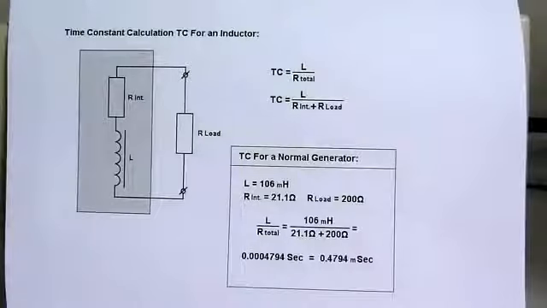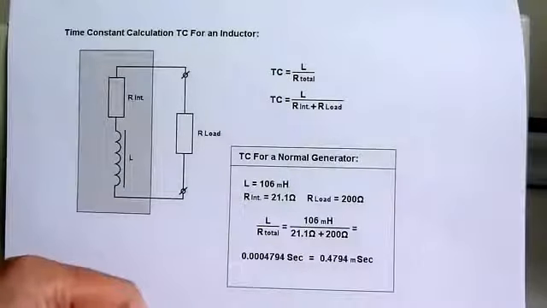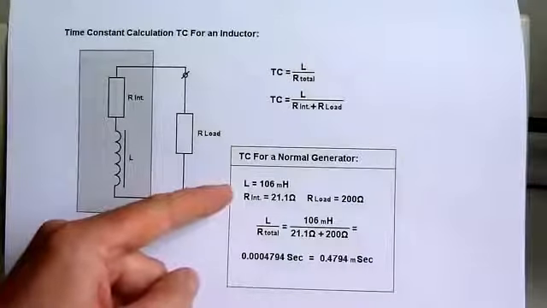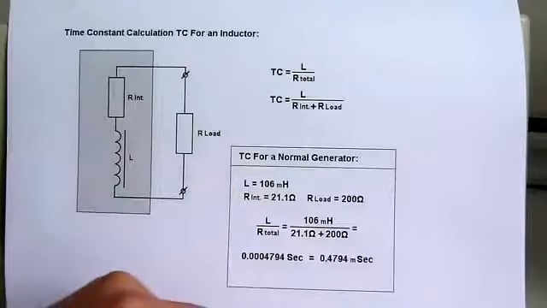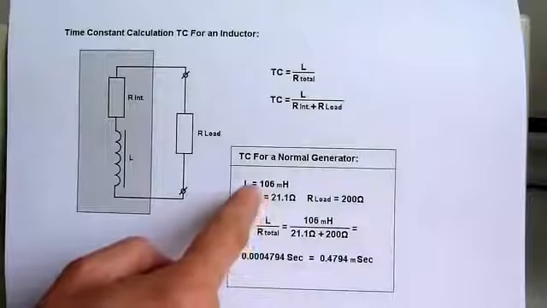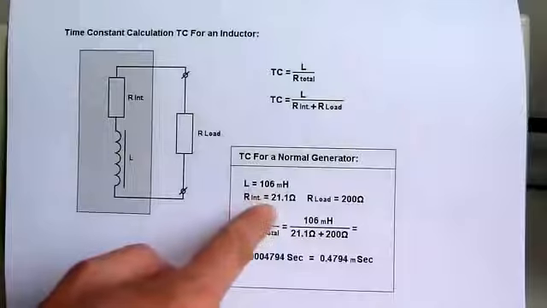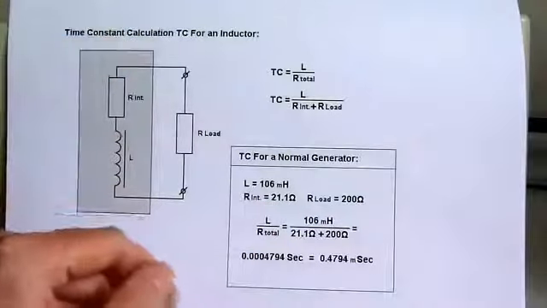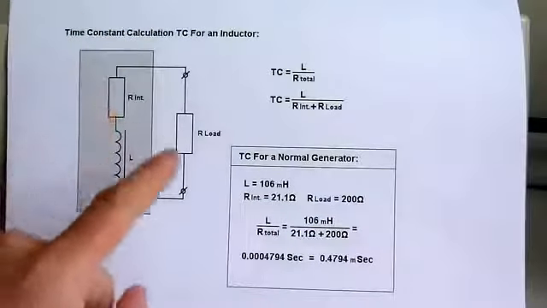First, when we calculate values for a normal generator, I have measured two values of one coil of our 500 watt 240 volt generator. This generator coil has 106 millihenries and an internal resistance of 21.1 ohms. In this schematic, this is the coil, here's the internal resistance, and here's the load.